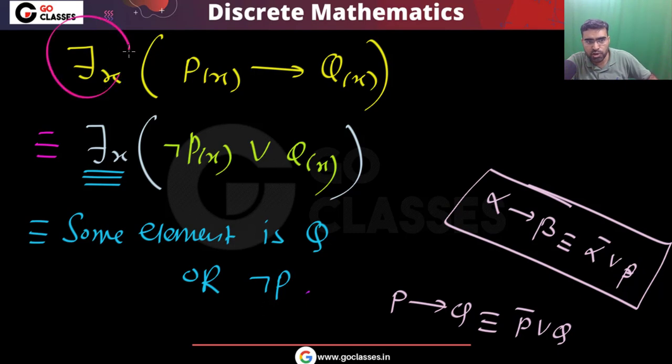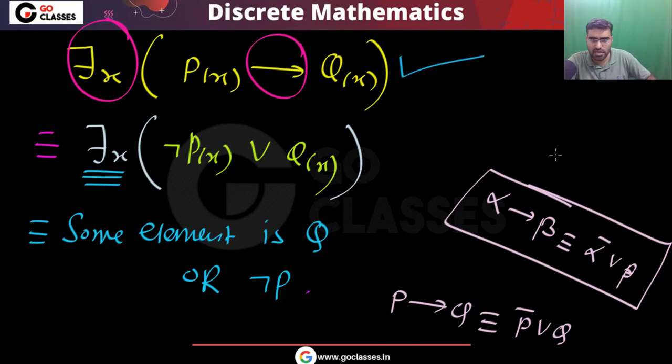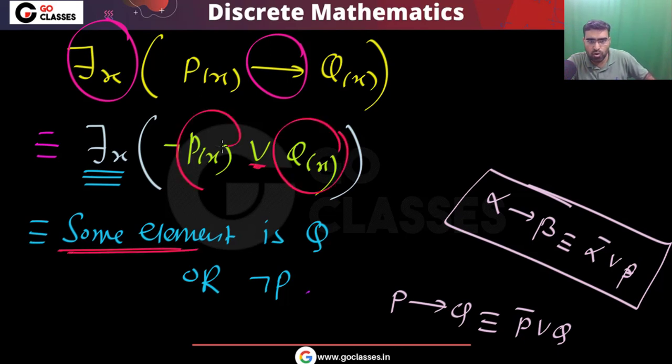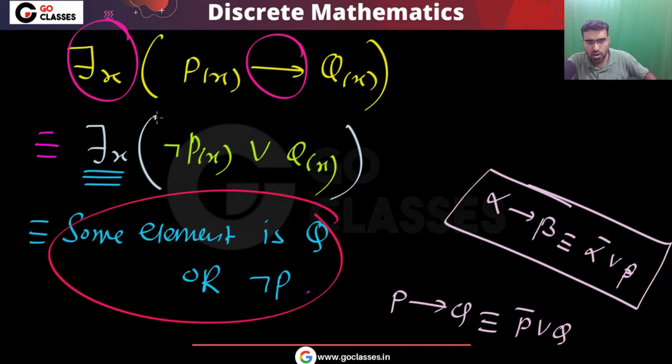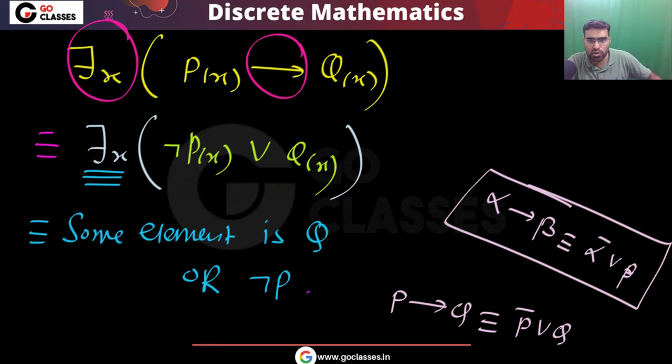Remember, whenever you have an existential quantifier with implication, the best way to translate this expression into English is to write P implies Q as negation P or Q. Now, there exists X who is Q or who is not P. So I can say there is some element who is Q or who is not P. This is the way of reading this expression into the English language.